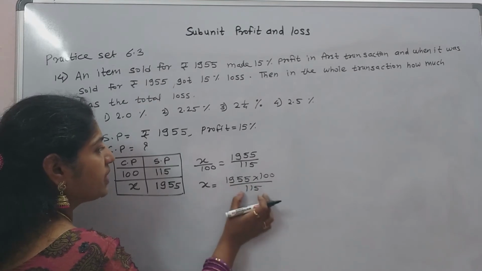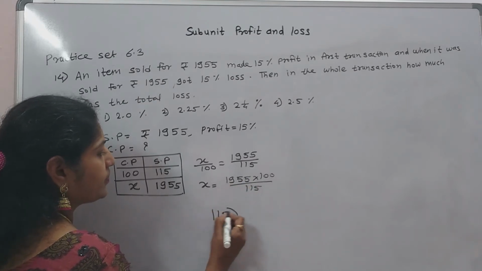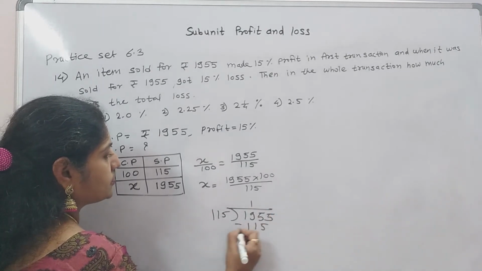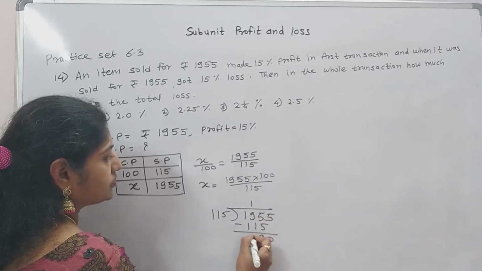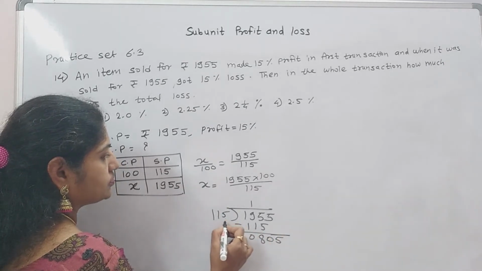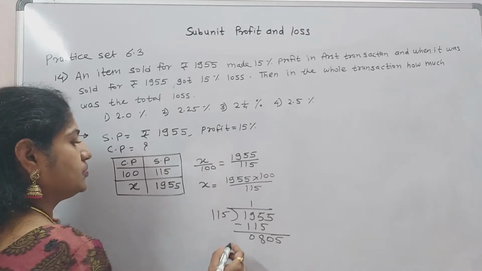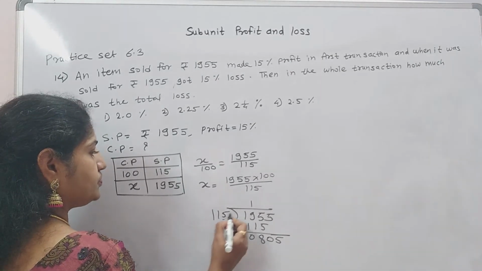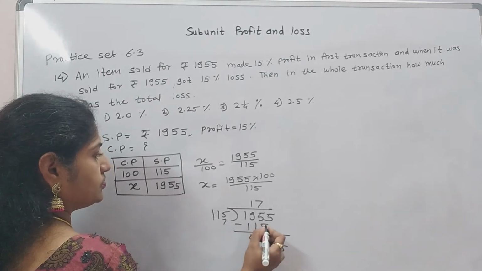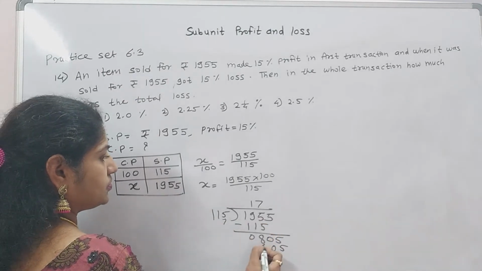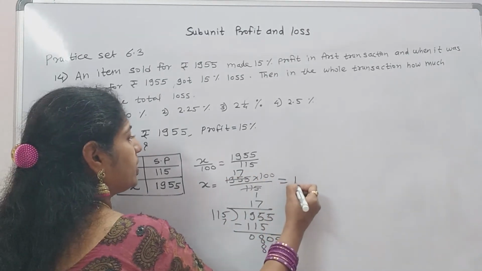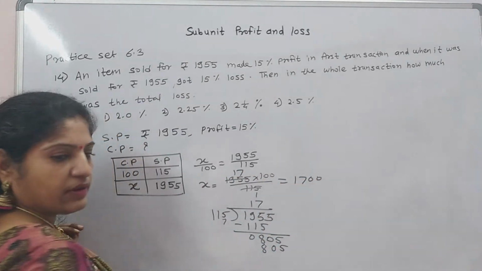Divide this number by 115. Answer is 17. 17 into 100, 1700.